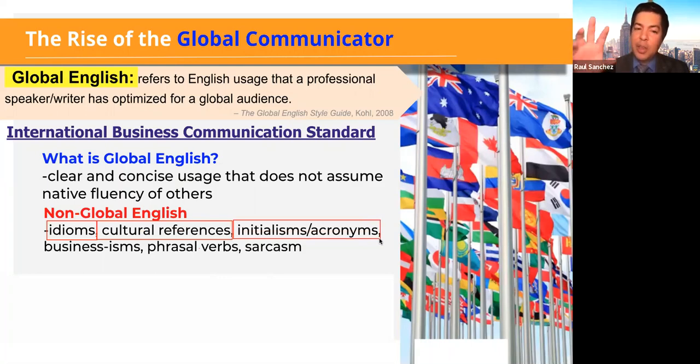Initialisms are where the separate pronunciation of each letter is used for the abbreviation, like FBI. Acronyms are when a word is formed from the initials of the abbreviation, like NATO, for example. But a string of these can be quite challenging to an international audience, so we want to be aware of that. Business isms. So this is corporate jargon, like lots of moving parts. Let's put out some feelers. Let's get ahead of the curve.